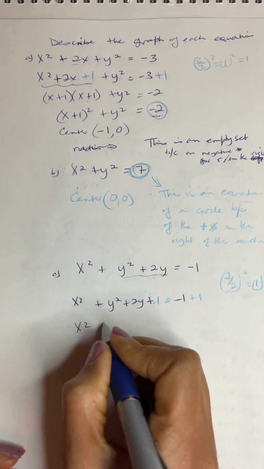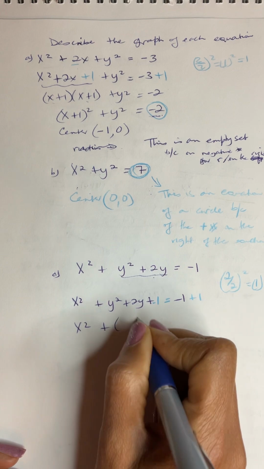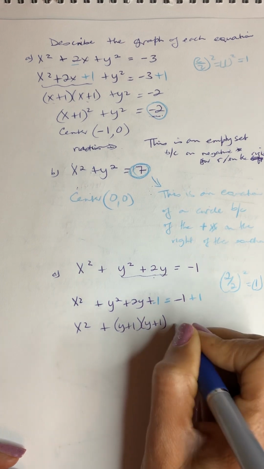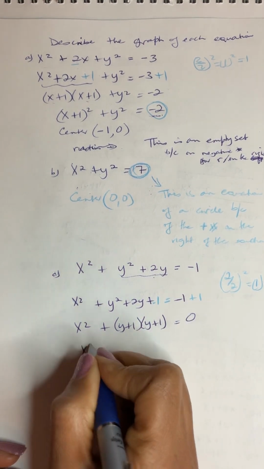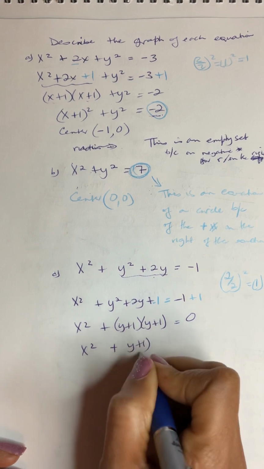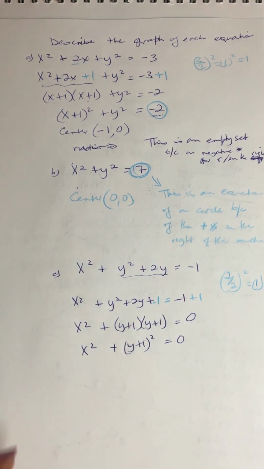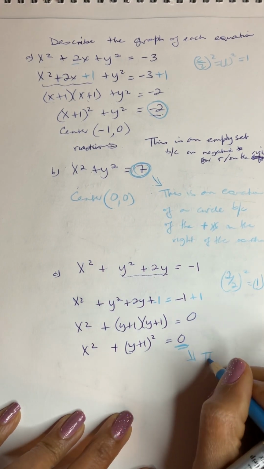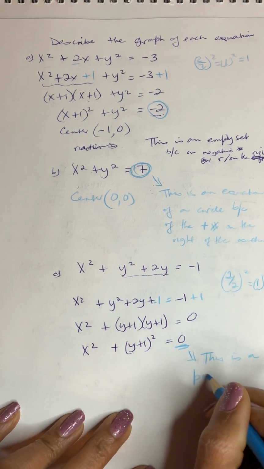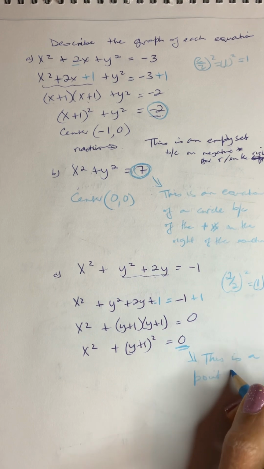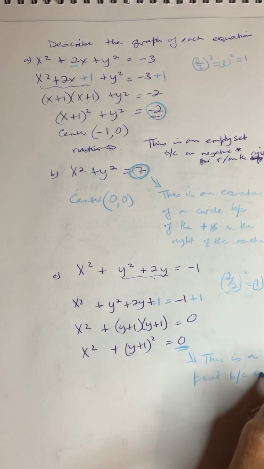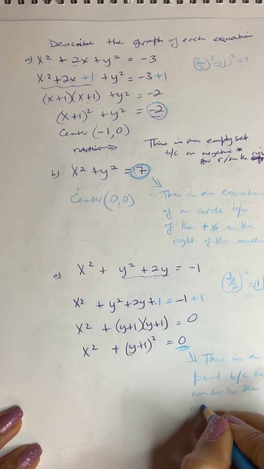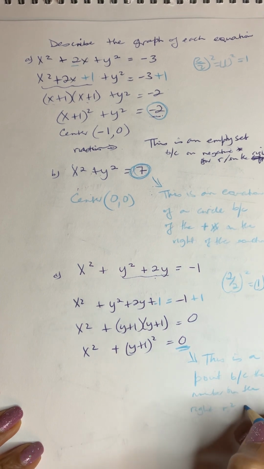And now I will have to factor this out. Because I have the 1 here, it's going to be y plus 1 equals 0. Now, because you have the 0 right there, this 0 is telling you that this is going to be a point. So this is a point on the graph because of the 0, because the number on the right, where the r squared is, is 0.